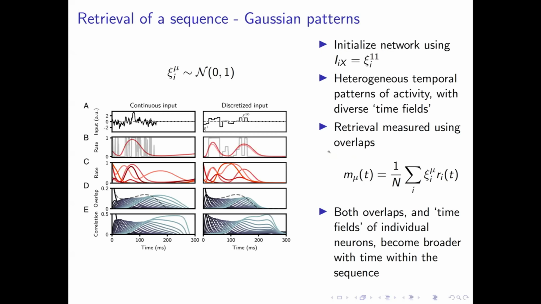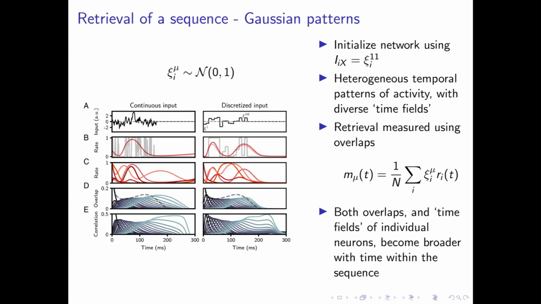We can quantify how well the sequence is retrieved by measuring the overlaps of the network state at any given time with each of these patterns, right? When we look at these overlaps, the idea is that initially the overlap with the first pattern is strong because the external input is pointing towards this particular pattern. So that's the first curve here, the darker one.